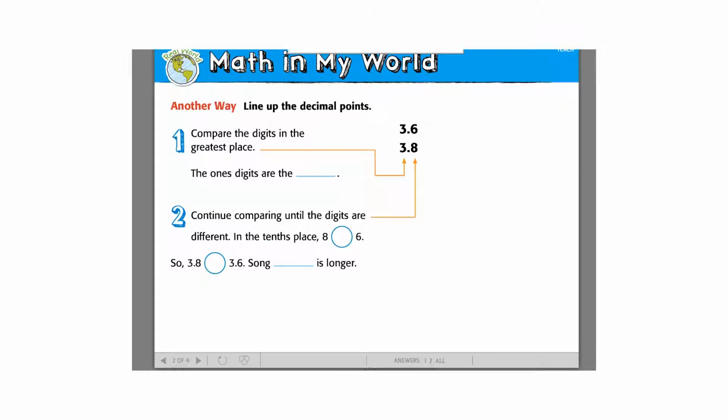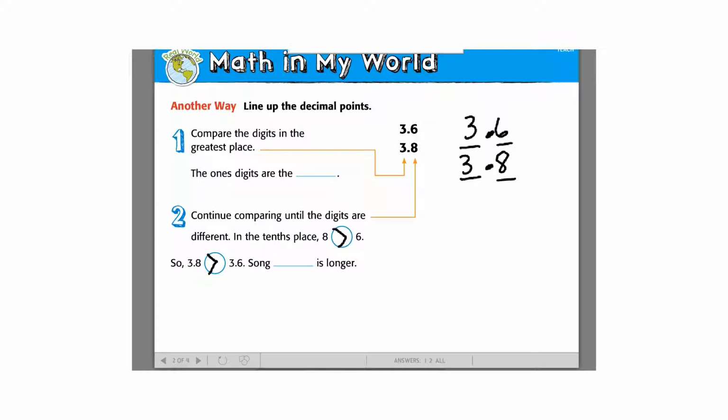There we go. Another way is to line up those decimal points and write in the numbers around it, and then start comparing based on their place value. So since 8 is larger than 6, and those are both numbers that are in the tenths place, that means that 3 and 8 tenths is bigger than 3 and 6 tenths.